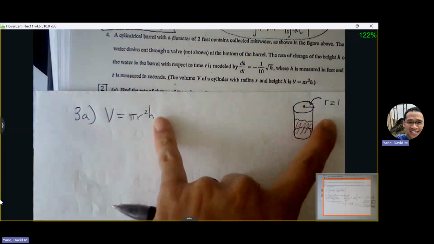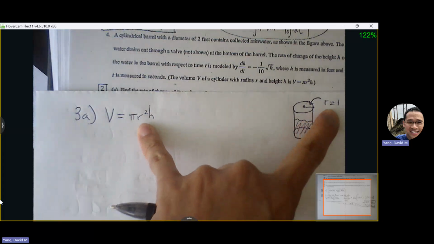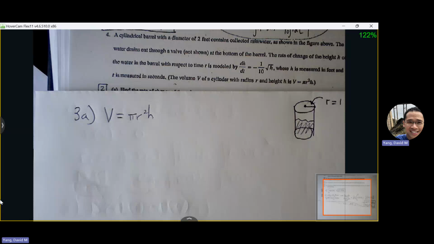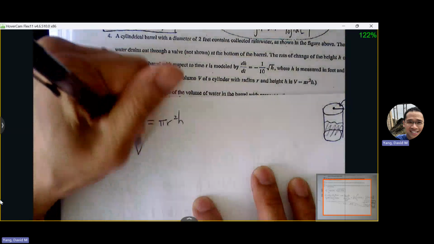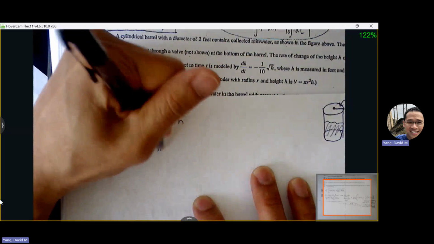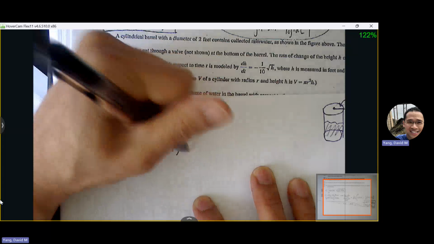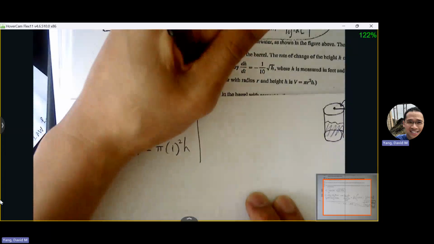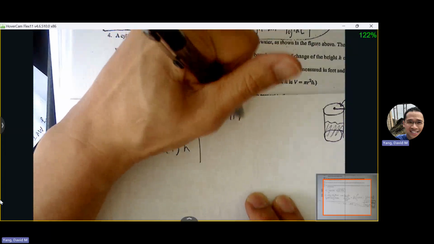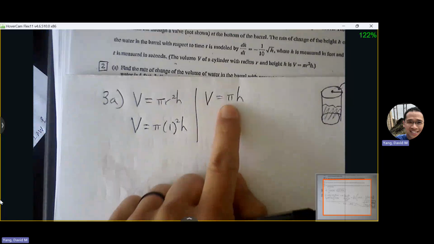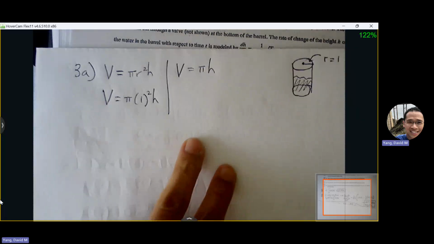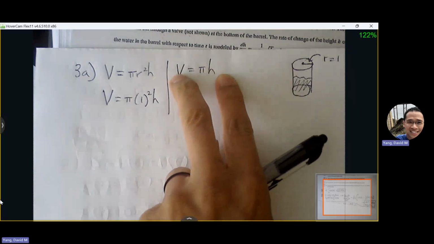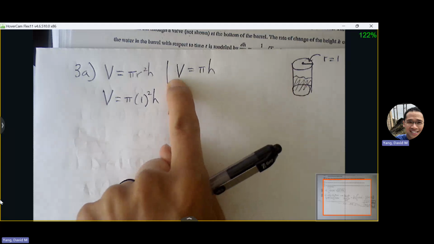But in this case, we can replace R with 1 because it's never going to change. If it's never going to change, there's no need to hold on to that variable. So I'm just going to go ahead and replace that R with 1. And that will allow us to have a starting equation that's a lot easier for us to find the derivative. So remember, time is going to impact every variable here. So let's now find the derivative.